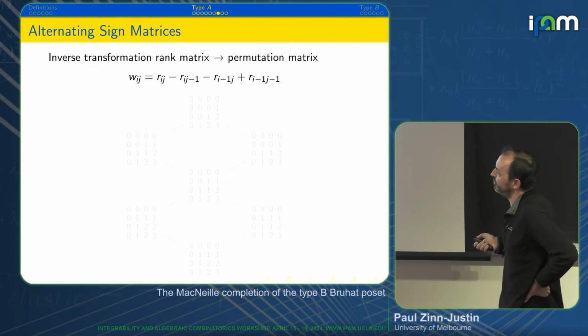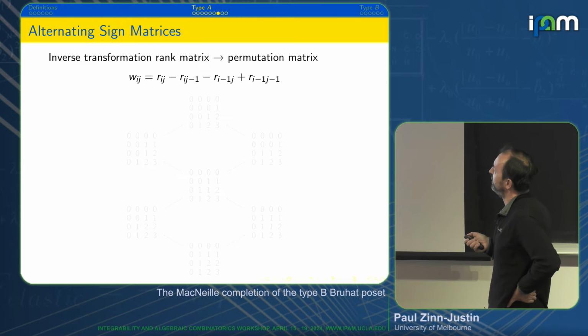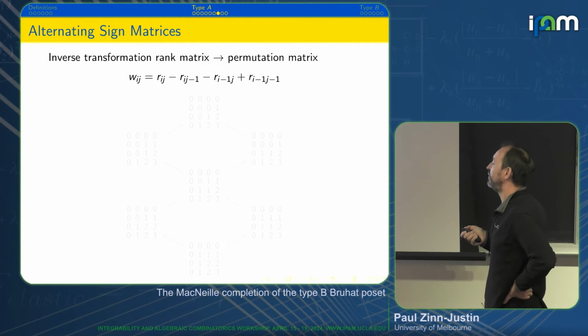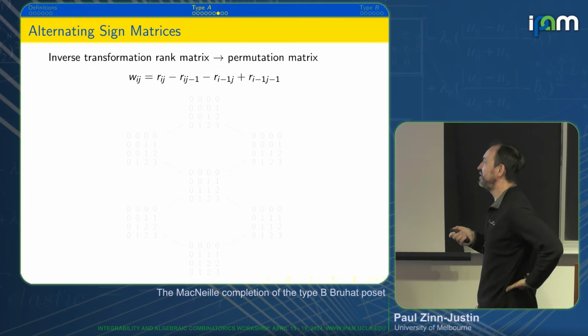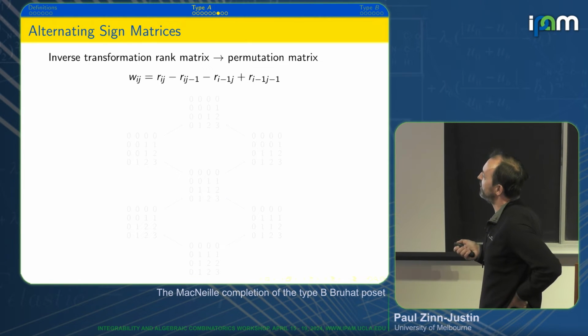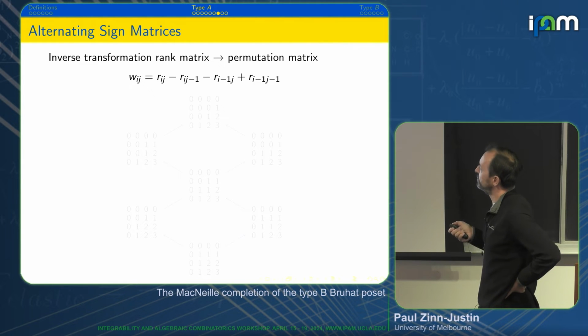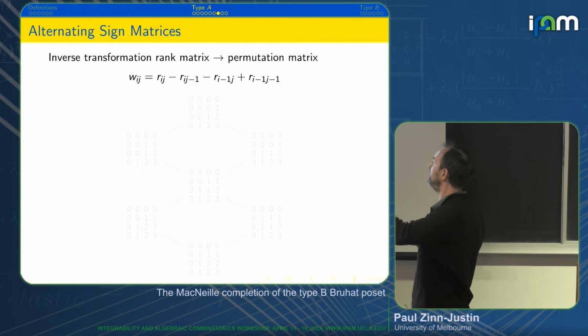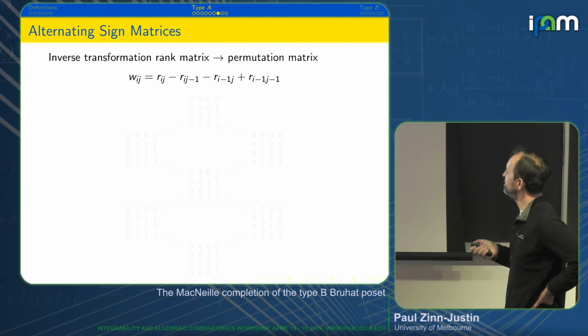So you can do the inverse transformation, starting from a rank matrix or height matrix. You can revert the process, reverse engineer and say what would be the permutation matrix associated to that rank matrix, and you get this simple equation, which is like, instead of integrating once in each direction, you're kind of differentiating once in each direction.